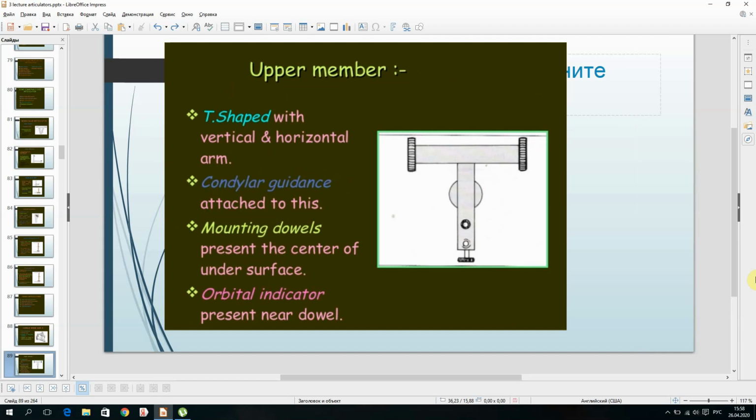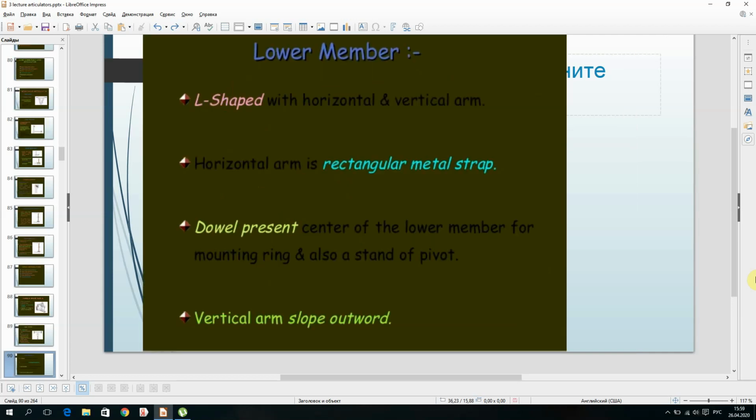Upper member is T-shaped with vertical and horizontal arm, condylar guidance attached to these. Mounting dowels present at the center of the undersurface, orbital indicator present near the dowel. Lower member is L-shaped with horizontal and vertical arm.